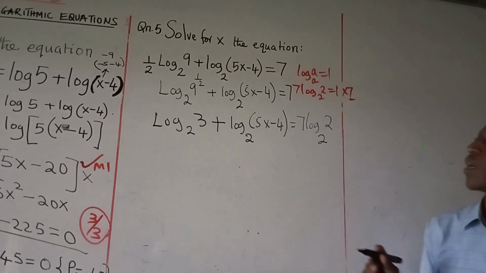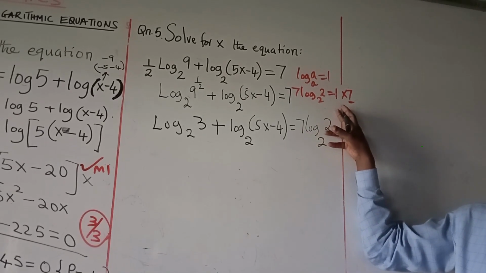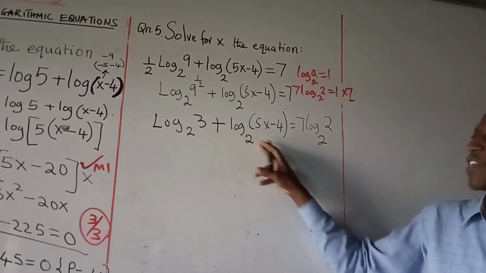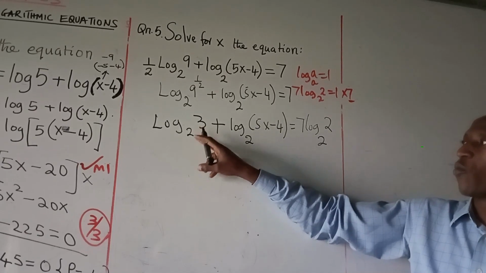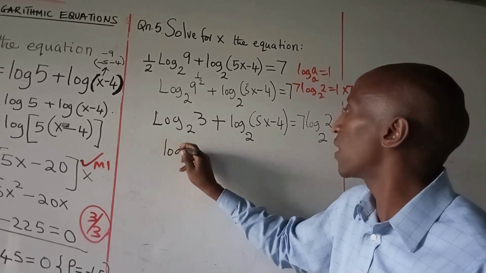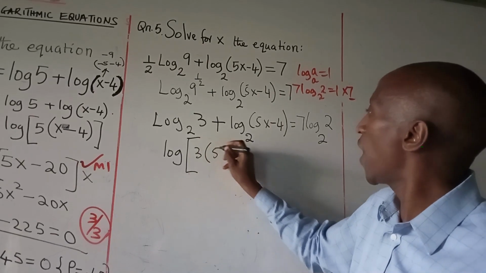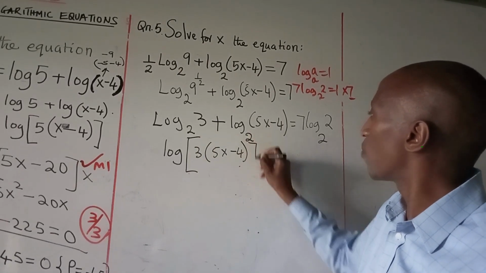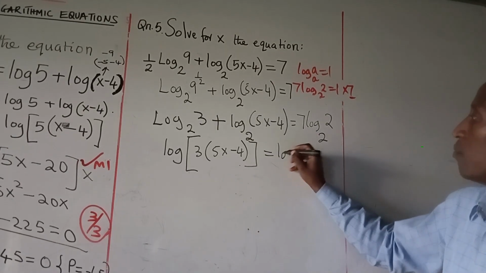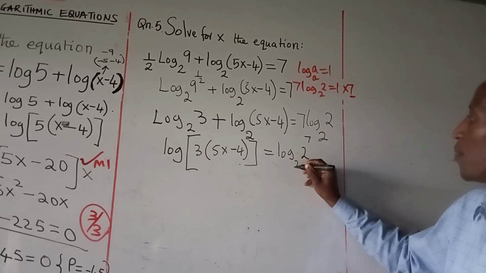So at this point, we are going to manipulate this 7 so that it becomes a power of 2. And as we do so, we could be using the rule that says when logarithms are being added, we multiply the numbers. So this gives us on this side logarithm of 3 into 5x minus 4, you multiply, to get us the logarithm of 2 raised to the power of 7 to base 2.